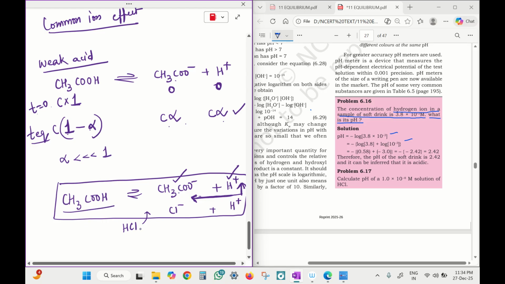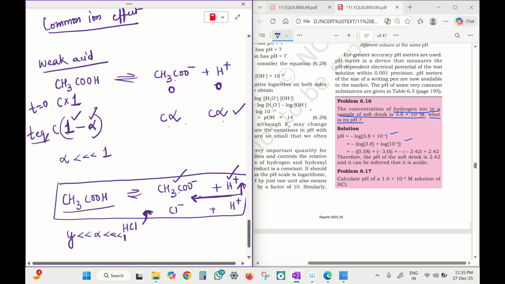So now, after the addition of HCl, can we assume the degree of dissociation is a different value Y? This Y is much, much less than alpha, which is much, much less than the original concentration of 1. You understood? So when acetic acid is taken, alpha moles out of 1 dissociated.